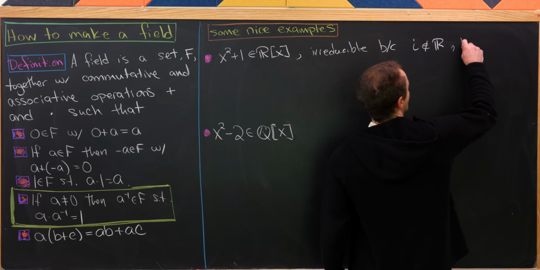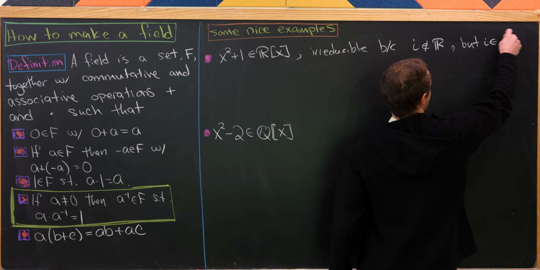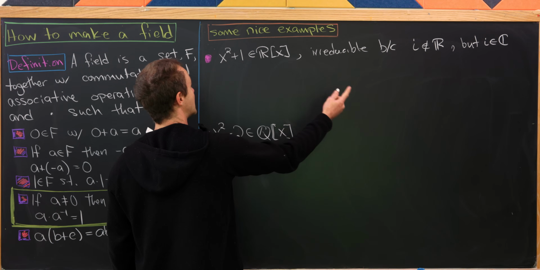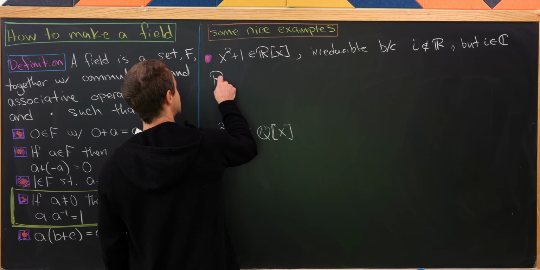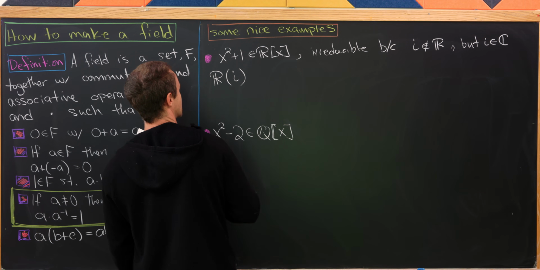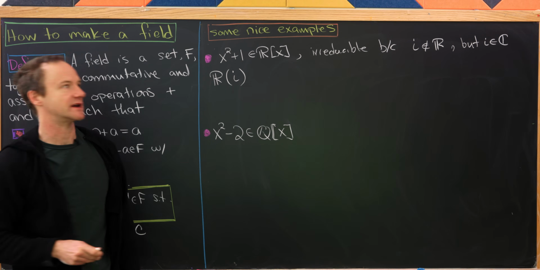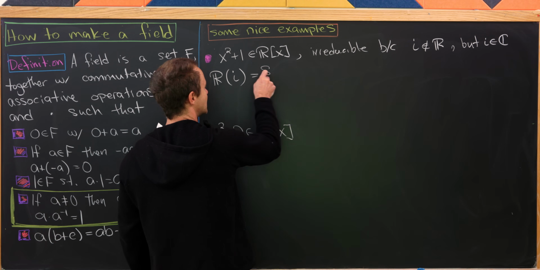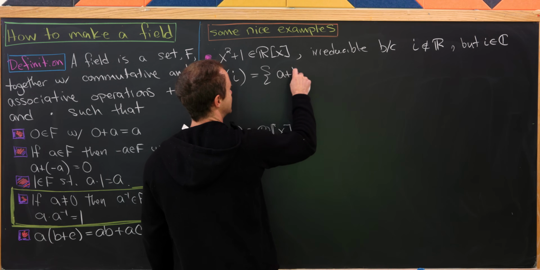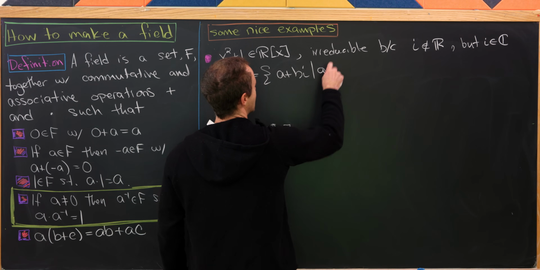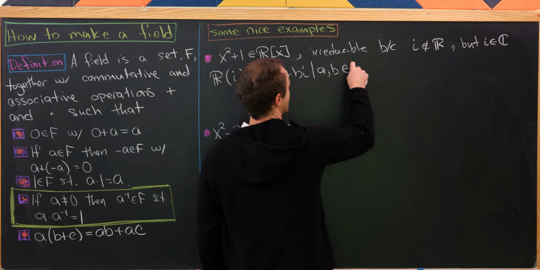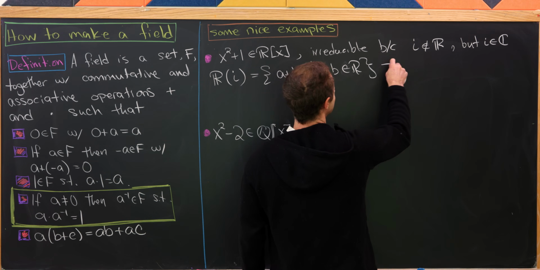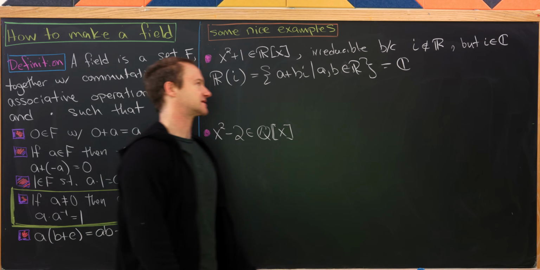But the number i is a complex number, and we can include it just as we did before, symbolically as R adjoin i. This is going to be everything of the shape a plus bi, where a and b are real numbers. But notice that's exactly equal to the complex numbers.